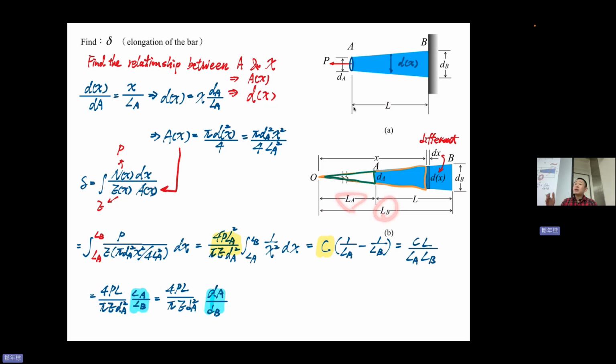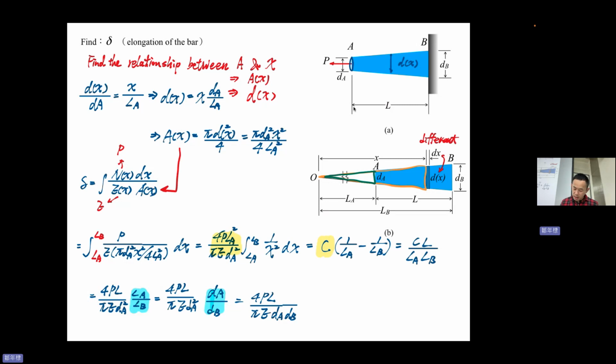LA, LB is created by yourself, okay, when you are doing these similar triangles. So be careful. And then equal to 4PL divided by pi E dA dB. Okay, so this is the final result. And this is a really interesting thing. I want you to check.